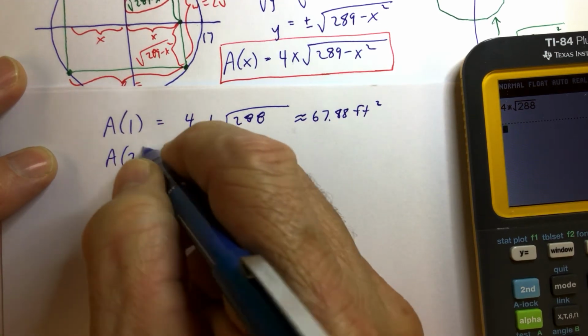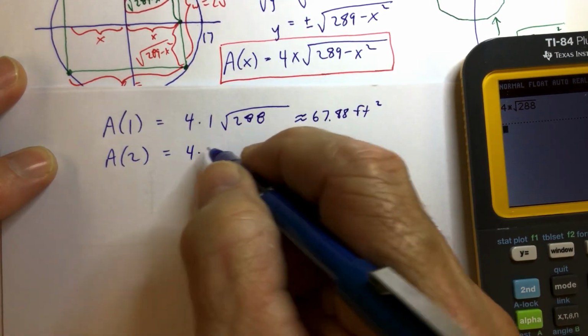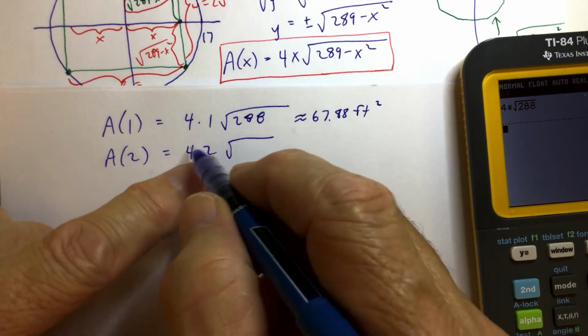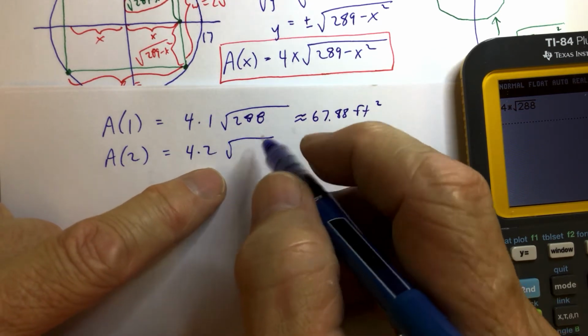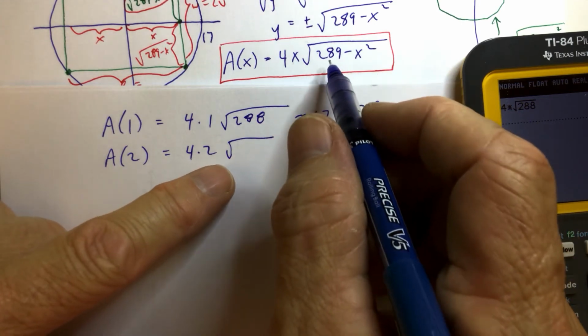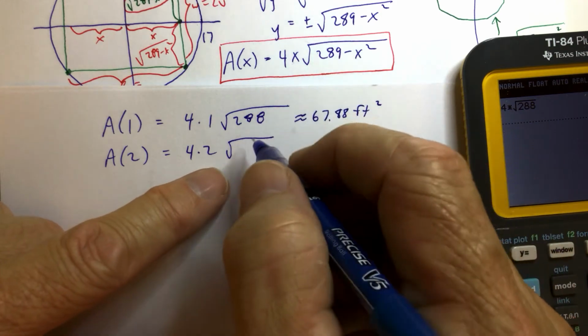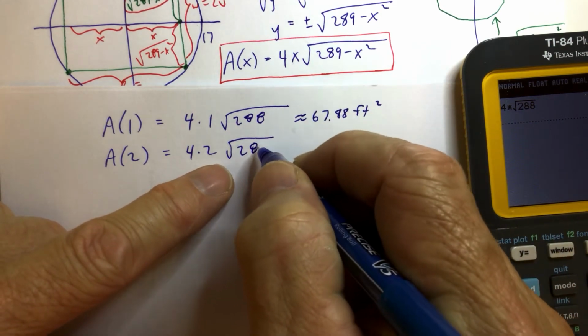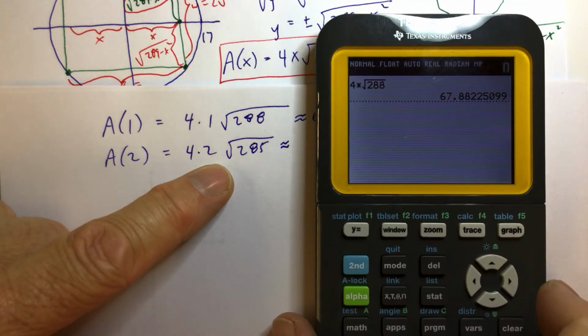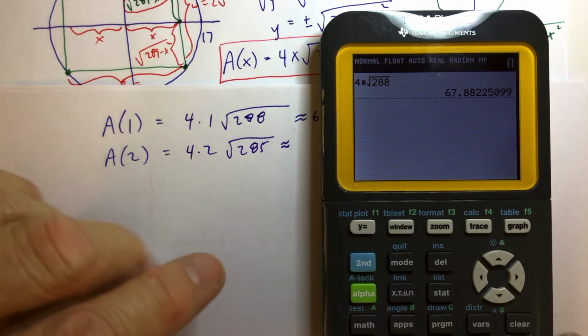Well, what if x is 2? Well, if x is 2, we would replace x with 2, and we would get 4 times 2, or 8, times the square root of 289 minus 2 squared. So 289 minus 4, which would be 285. So I'm not going to do this too much longer here, but I do want to give you an intuitive sense of what is going on.